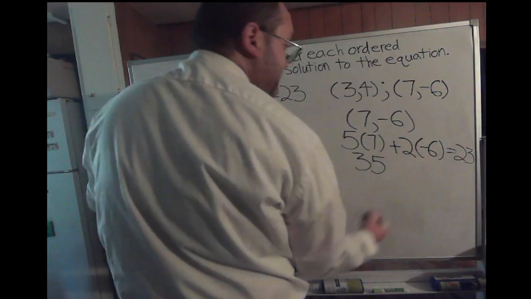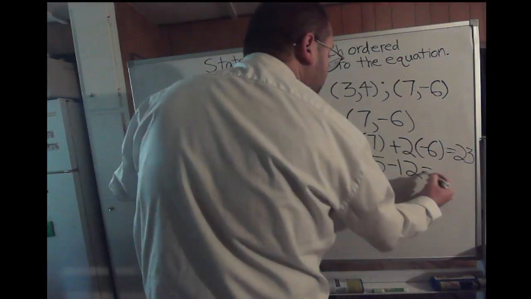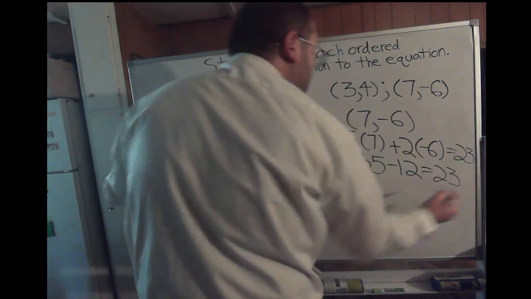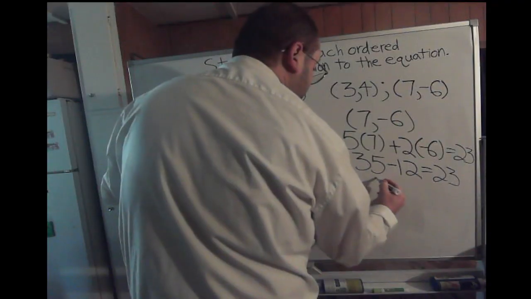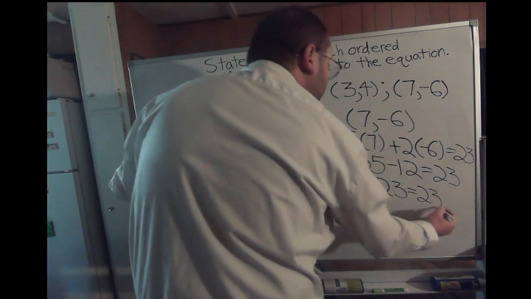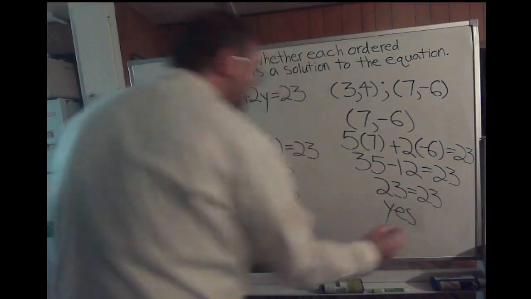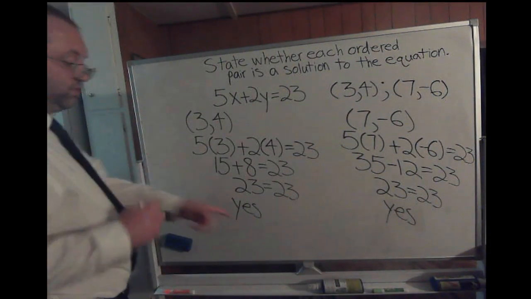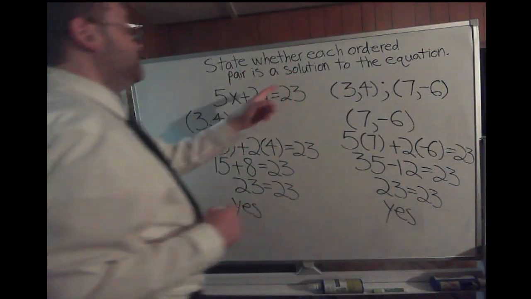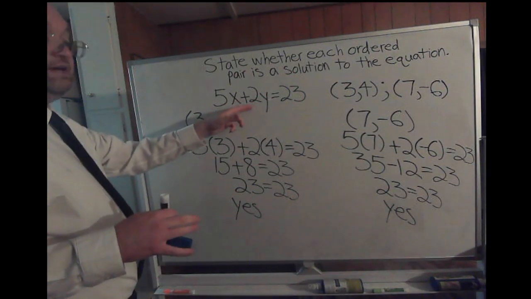Plus 2 times negative 6, that'd actually be minus 12. So you have 35 minus 12. Set that equal to 23. Well, 35 minus 12, that happens to be 23. 23 equals 23, so 7, negative 6, the answer to that is also yes. So both of these ordered pairs are solutions to this equation, and therefore that means they both lie on this line.